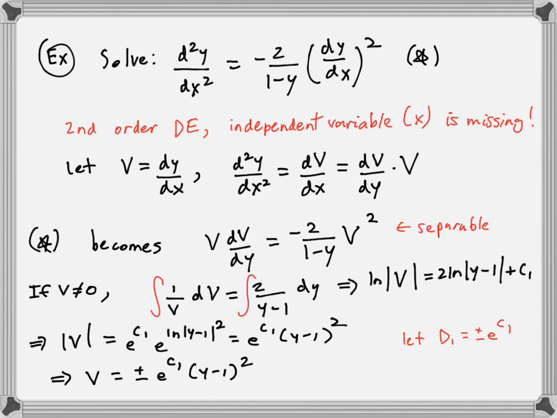It can never be 0 because it's either a positive number or a negative number. So let's remember that. This means that d1 is not 0, okay? So this gives us the following solution for the differential equation. I'm going to write it on the next page here. v is equal to d1 times y minus 1 squared.